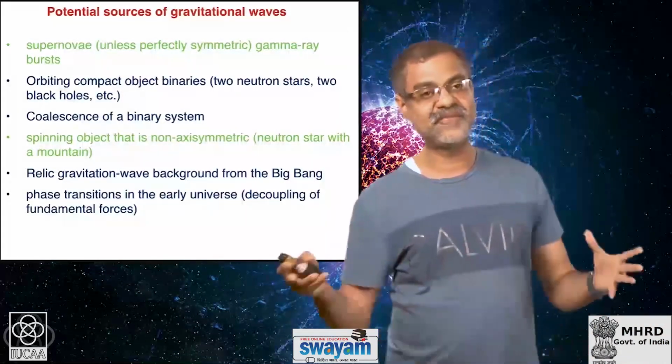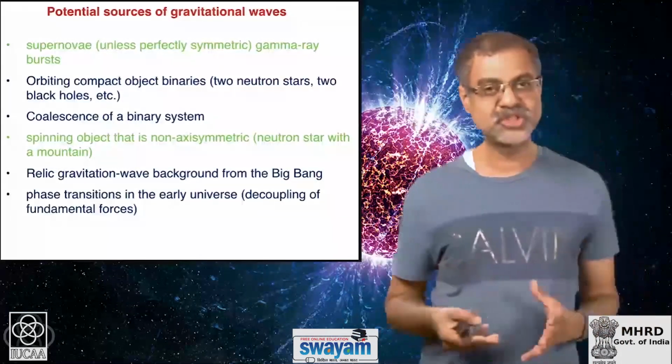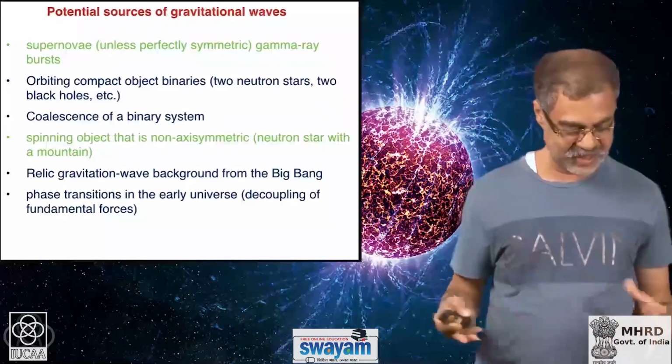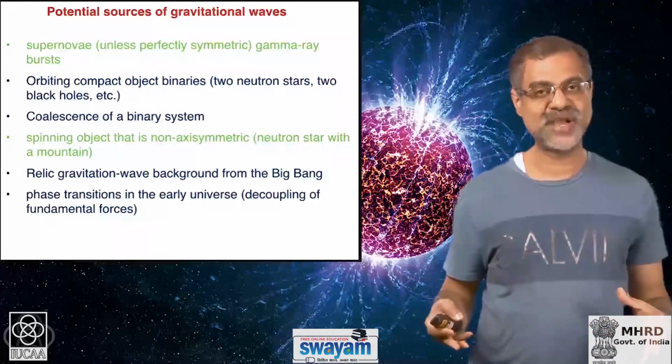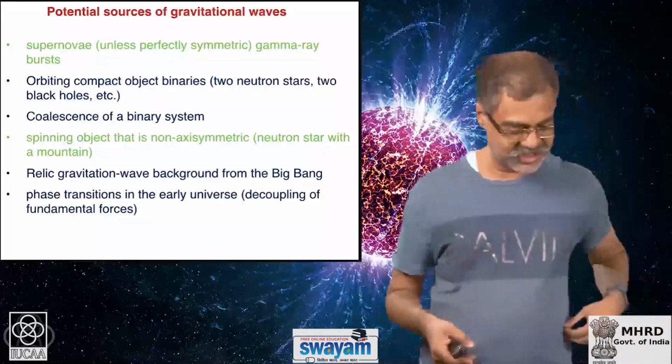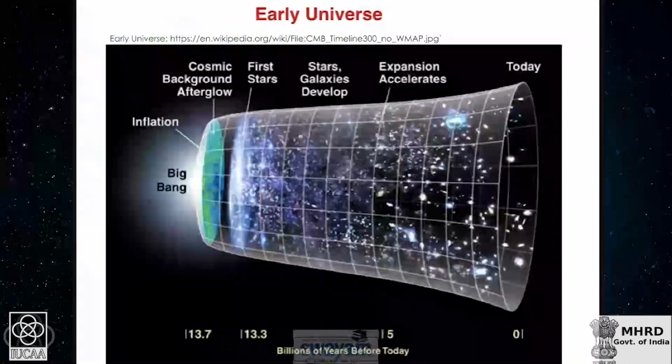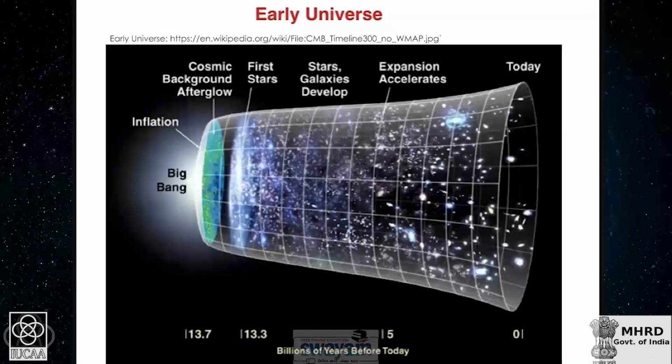Of course, when we think of large motion and explosion, the mother of all explosions is the early universe, that is the Big Bang. The universe itself is supposed to have started with the massive explosion of the Big Bang. In addition to that, in the early universe there may be several high energy phenomena resulting in asymmetric motion of masses at close to the velocity of light, which can emit gravitational radiation, which we call gravitational radiation from the early universe.